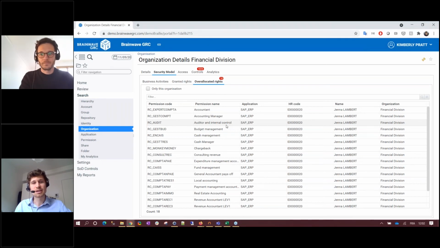Usually IAM systems provide what they call a reconciliation module, but Brainwave has the ability to extend the power of this reconciliation by providing metadata about when the access has been requested and when the access has been granted into the application, because we are consolidating data day after day, week after week, in the tool. So definitely identity analytics is more a decision-oriented tool to govern the IAM system.